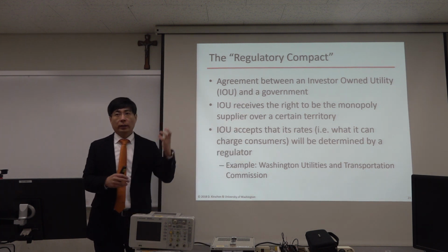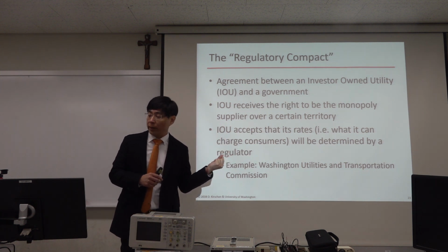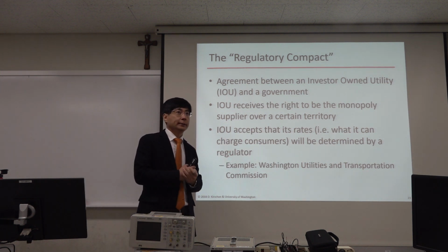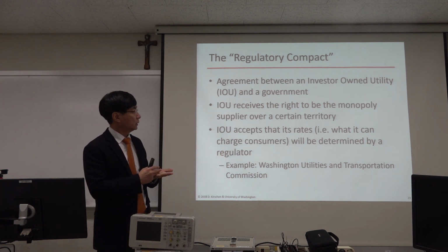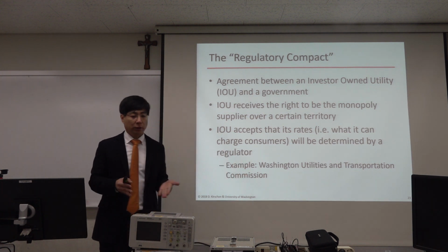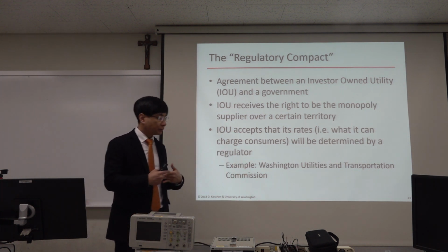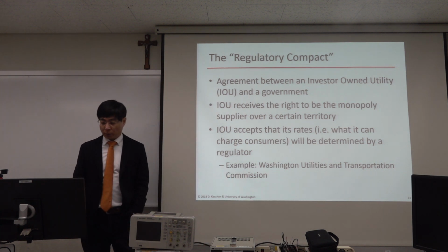So I uploaded an article about the regulatory compact in Korea. The newspaper article was published last year, and that is about the direction of the current government about the liberalization of electricity market and the electricity price.